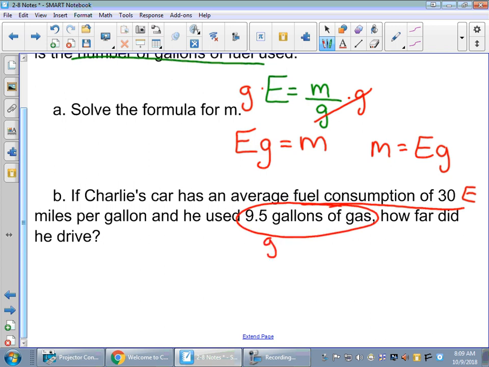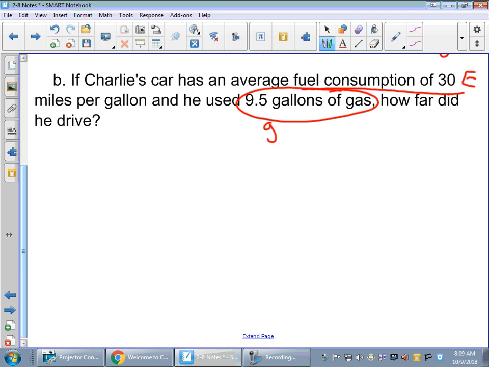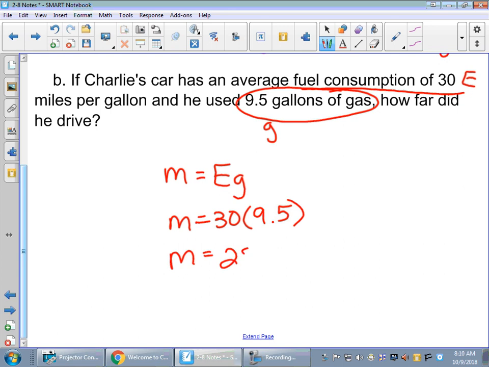We can figure out how far he's driven, or your M. So M is equal to E times G. That means your miles driven is 30 miles per gallon times the 9.5 gallons he used. In the end, the mileage is 285 miles. There you have it.